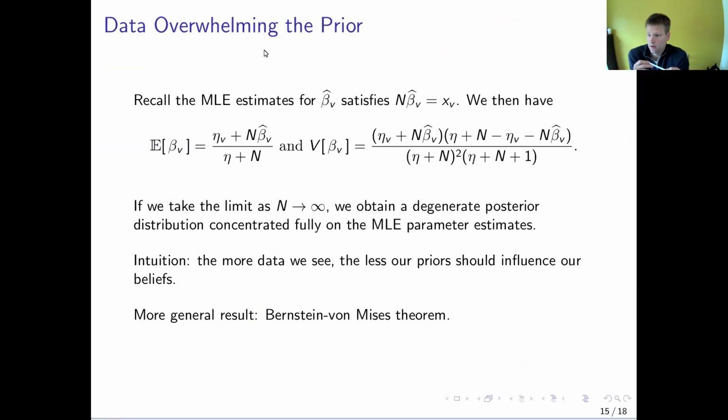All right, so if you want to formalize a little bit the idea that the more and more data I see, the more and more I should be pushed towards the maximum likelihood estimates, there's a simple little calculation you can do, which I show on this slide.